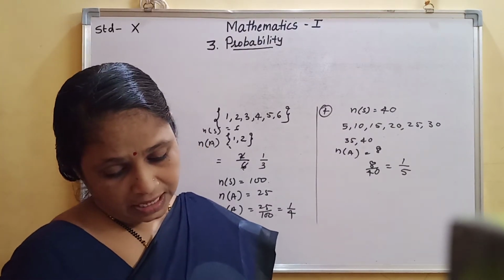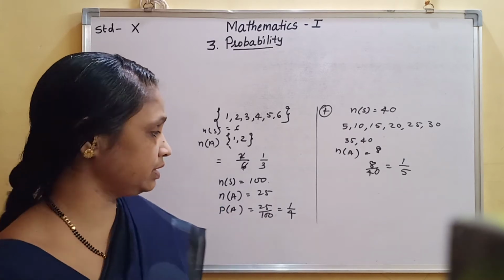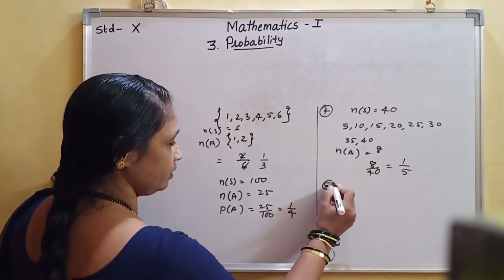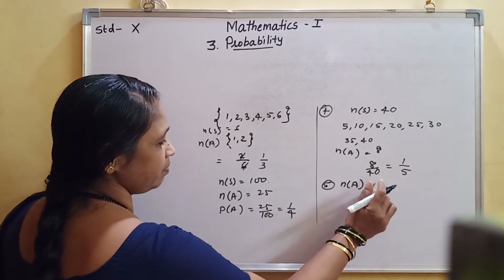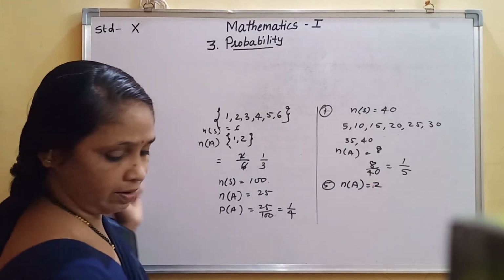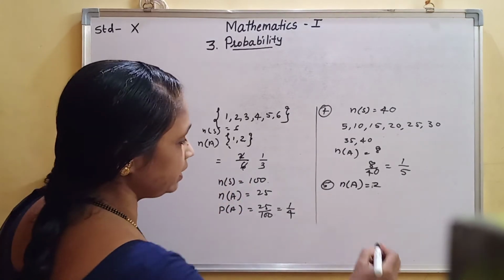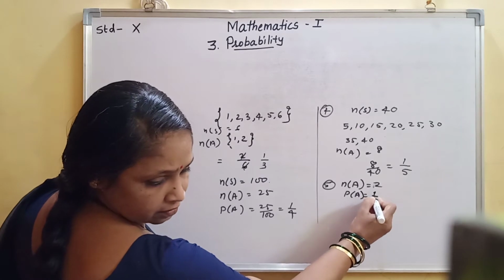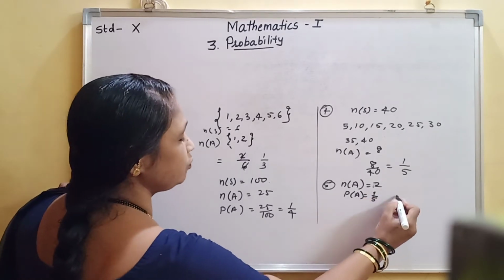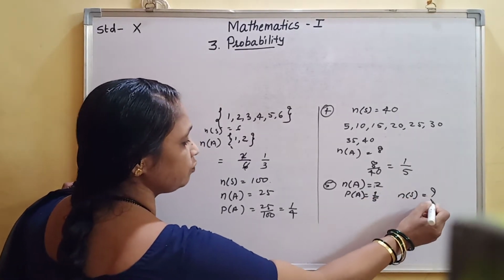Now next, n(A) is given as 2. This type of question is asked as a fill in the blank in the board exam. And the probability of A is 1 by 5. You have to find n(S).